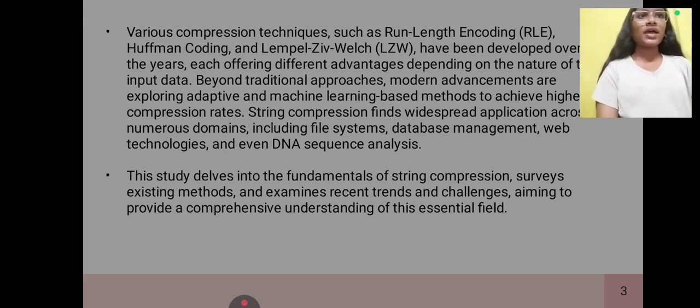String compression finds widespread applications across numerous domains, including file systems, database management, web technologies, and even DNA sequence analysis. This study delves into the fundamentals of string compression, surveys existing methods, and examines recent trends and challenges, aiming to provide a comprehensive understanding of this essential field.